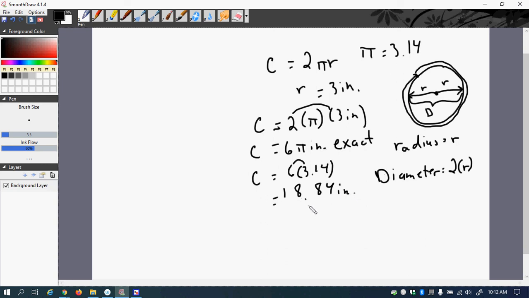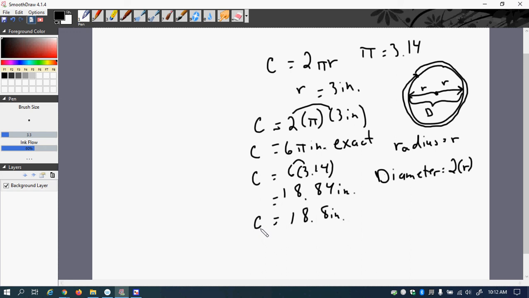This is a rounded answer, because they may say on the homework, round this to the nearest tenth, and so I rounded to 18.8 inches. And so this is my circumference.